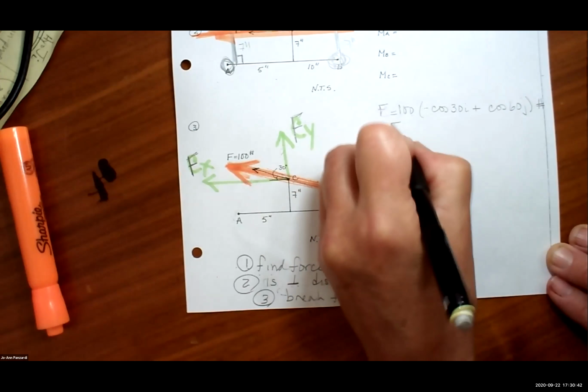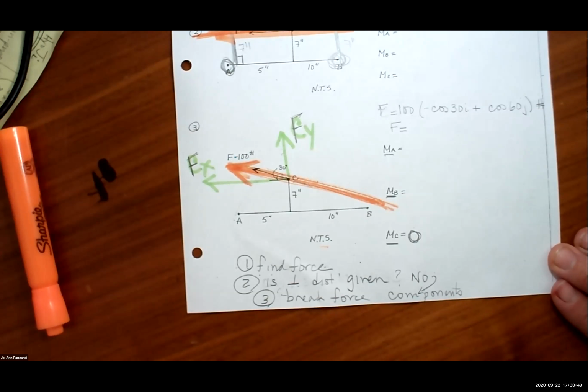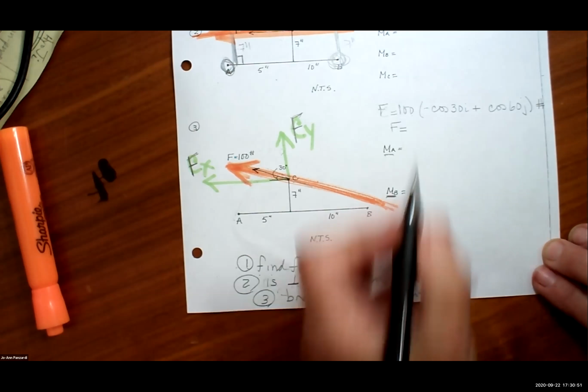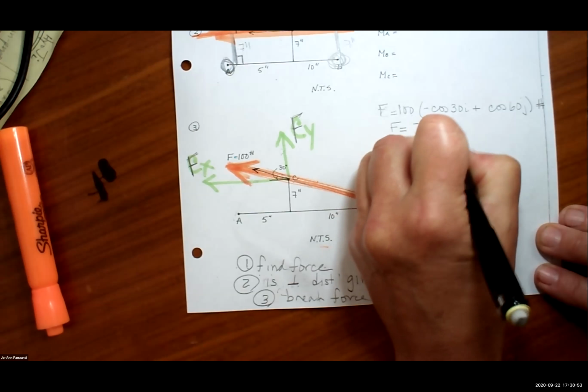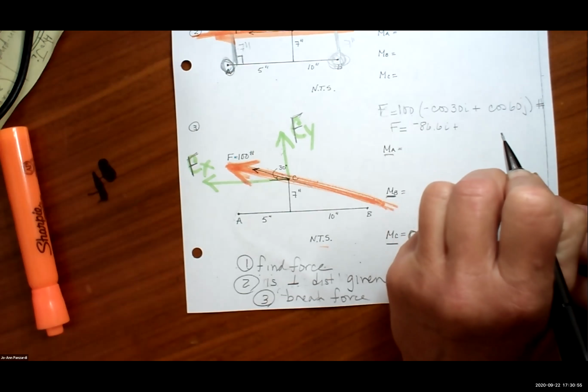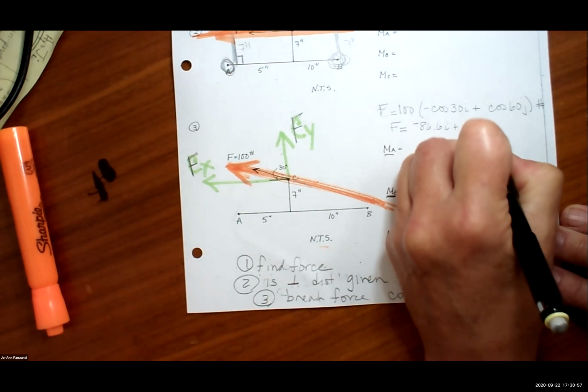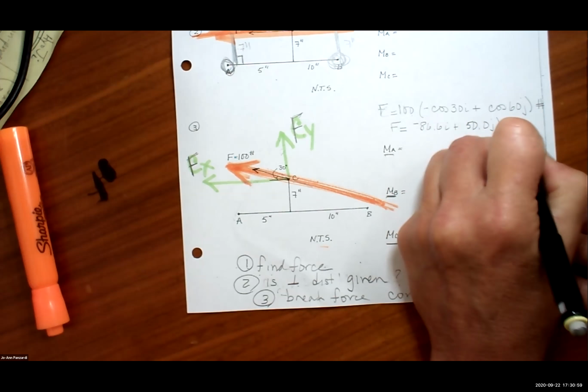And notice I'm going to skip our second step from now on in statics. It comes out to be negative 86.6i plus 50.0j pounds.